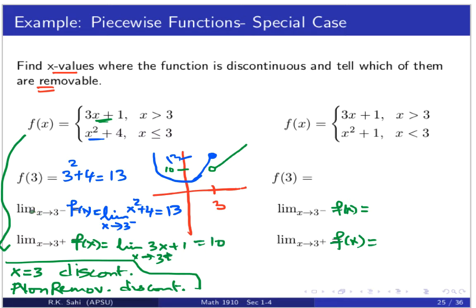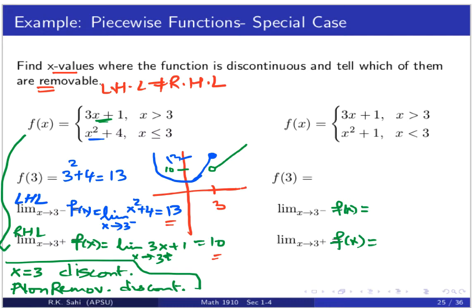So clearly, the left-hand limit is not the same as the right-hand limit. So this is a scenario where the left-hand limit is not equal to the right-hand limit. Now, if you remember, I've talked about when a left-hand limit is not equal to a right-hand limit, that means we are going to have a non-removable discontinuity. You can see it from here. Remember, 3 minus means I'm having a left-hand limit, and 3 positive means we are having a right-hand limit.